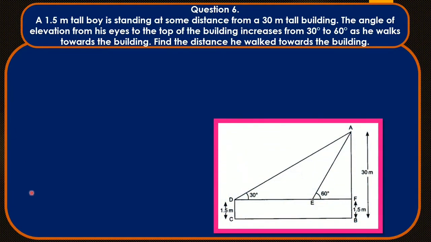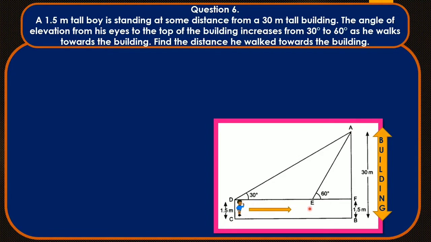So here you can observe, consider this DC as a boy whose height is 1.5 meter. Now, according to the question, this AB is the building which is 30 meter high, and the boy is moving towards the building, and the angle increases from 30 to 60 degrees.